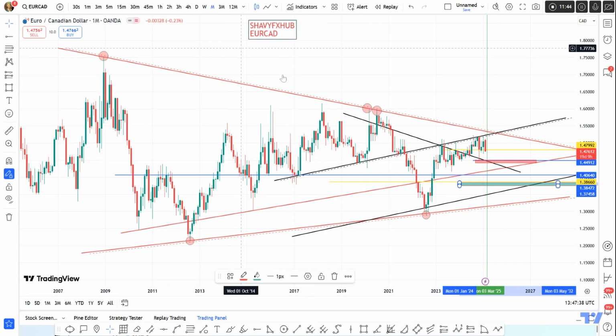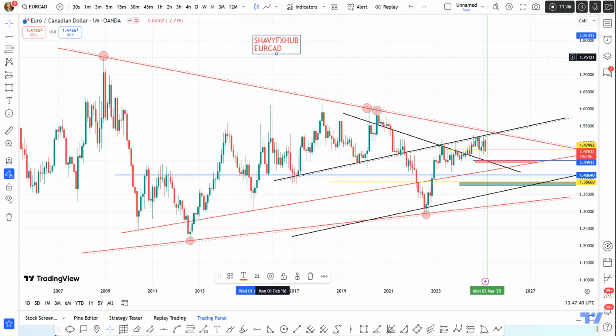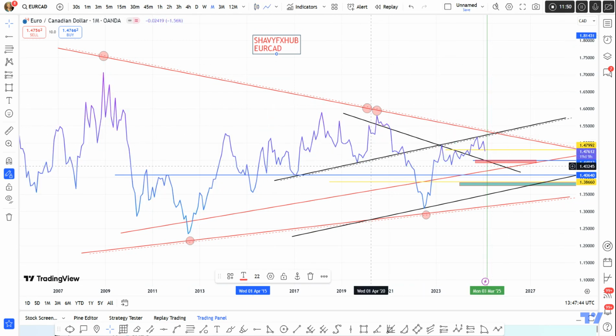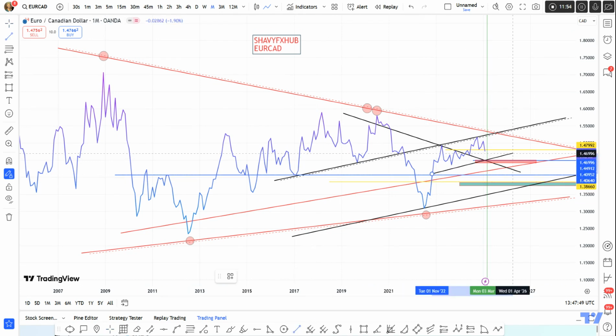So this is what we see, and now we have seen what we are looking for, and let's look at the monthly body candle close of the line chart and see if there is a breakout.